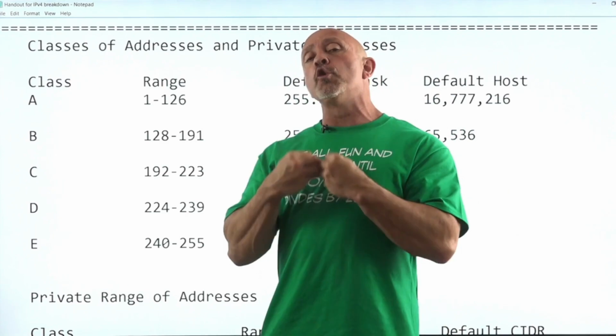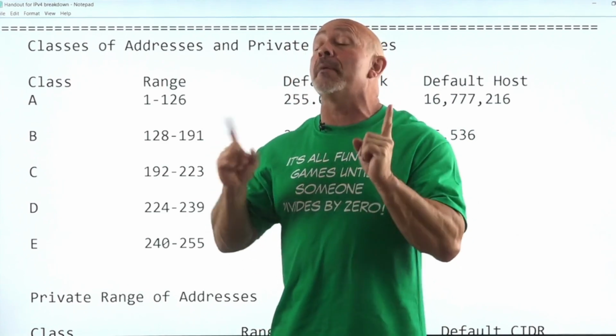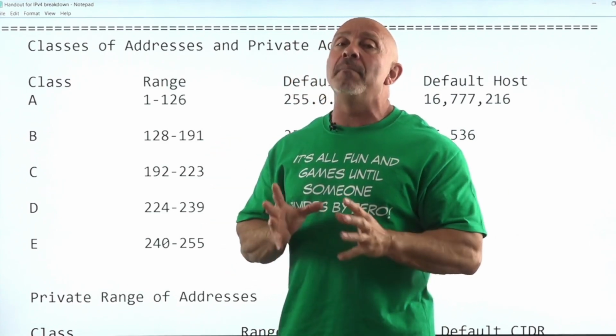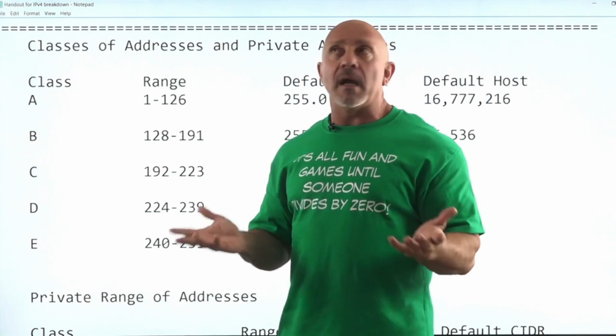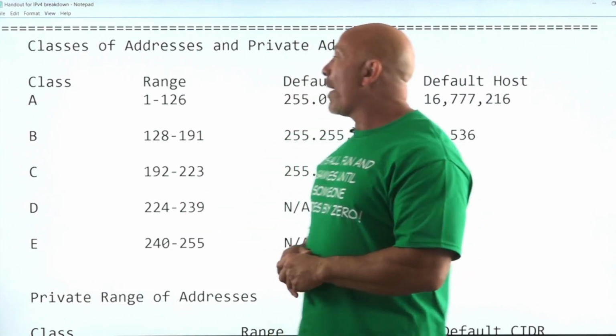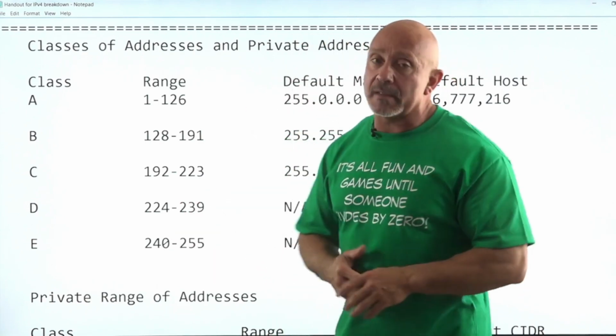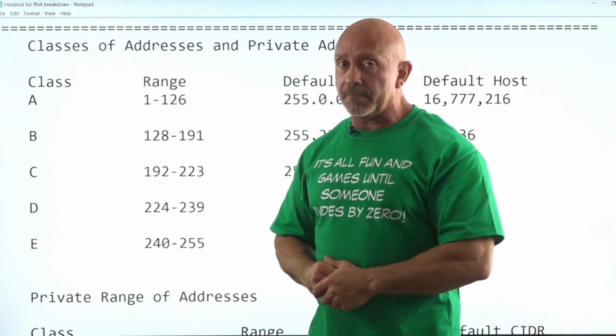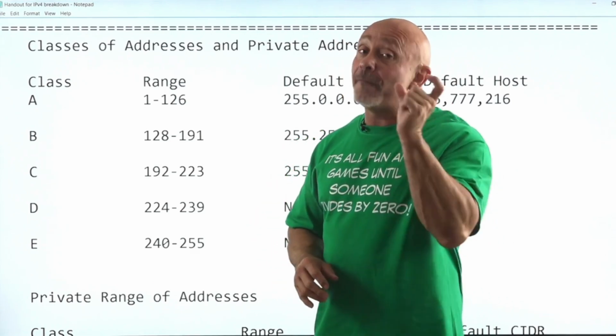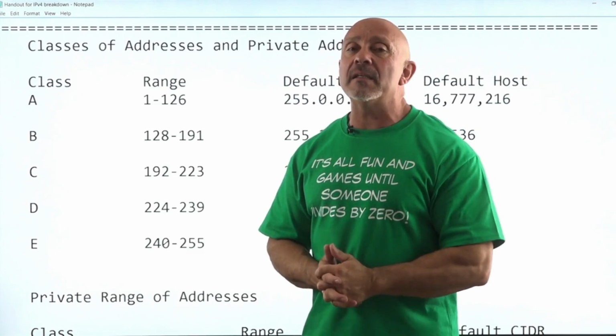How do we classify an IP address? I said that the subnet mask does not make the class of address. So how do you know what class of address it is? We identify the class of address in the first octet. Whatever number is in the first octet, that is the class of address.